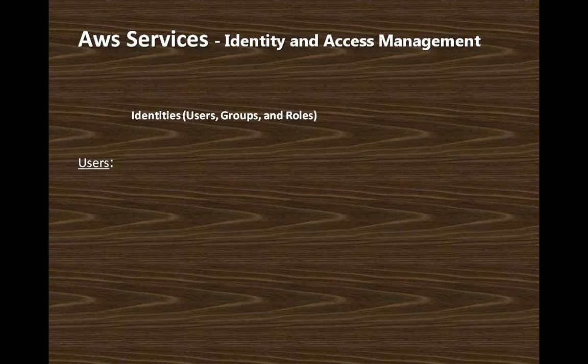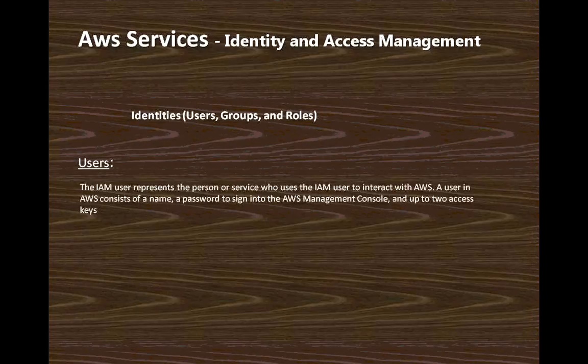So let's talk about the user. A user represents a person or a service who uses the IAM user to interact with AWS or the Amazon cloud to access the resources required in the AWS cloud. A user must have a name, a password, and different keys to log into the AWS console.